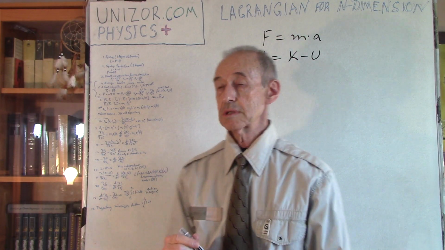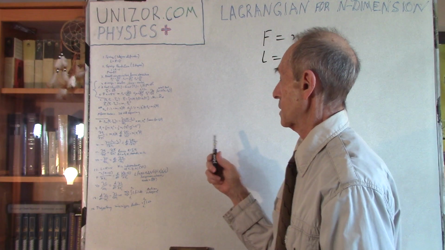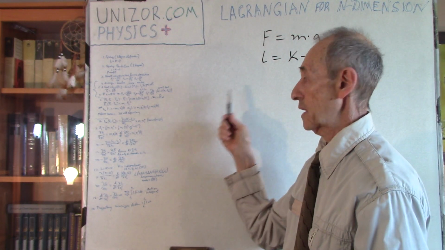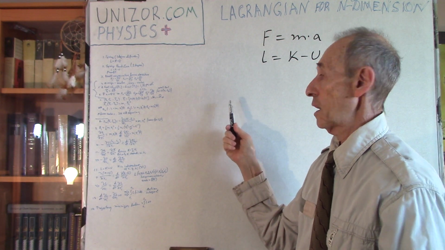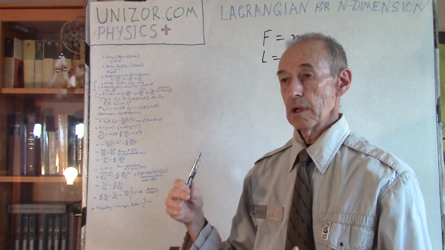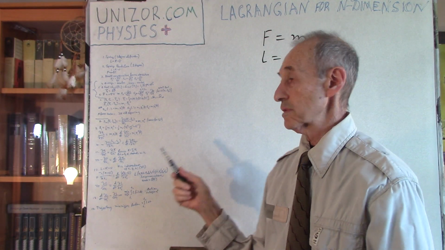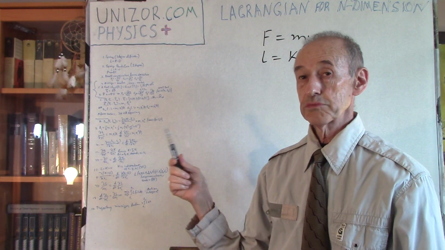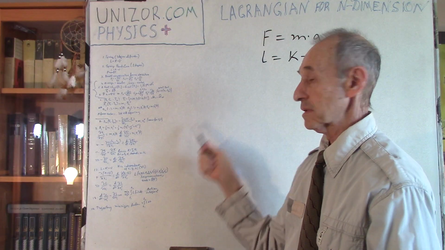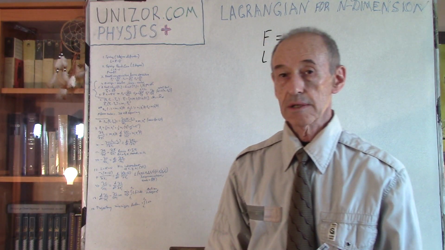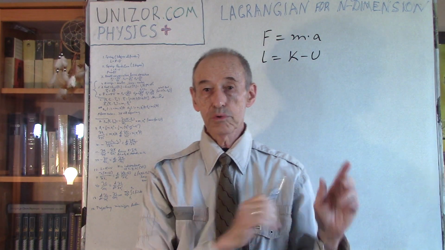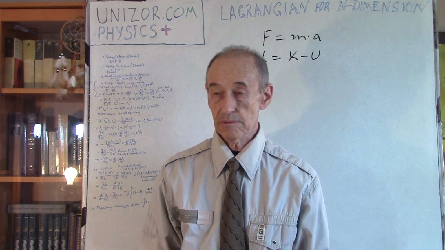So conservative means that if you have two different positions, beginning position and ending position of the object, and it moves by conservative forces, the work performed by these forces, moving from A to B, is independent of the trajectory. So we did discuss this, and I assume that all these issues are known, because this lecture is using it very extensively.